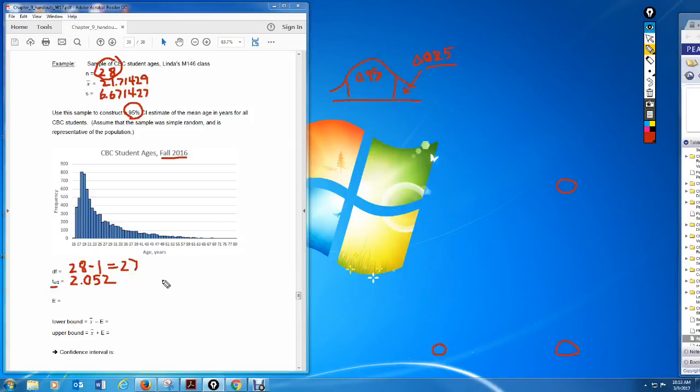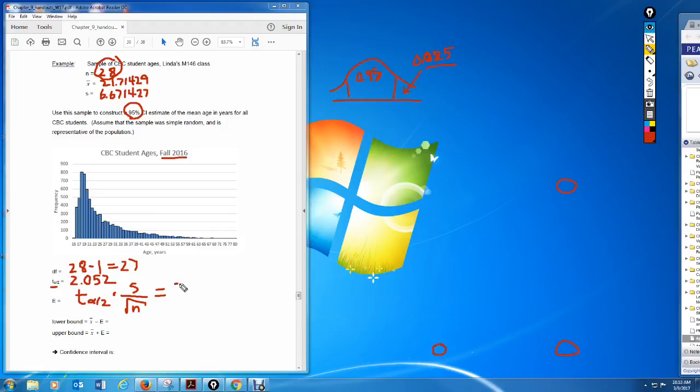All right, so now we want to calculate the margin of error, which again is our critical value, t sub alpha over 2, times sample standard deviation divided by square root of the sample size.